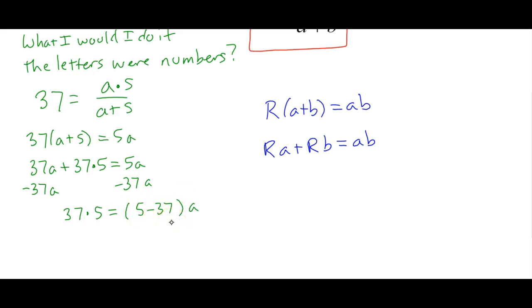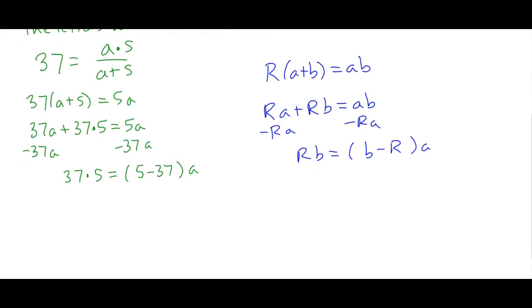Don't work out what that is. You would do the same thing over here. You would subtract RA on both sides, and you would have RB equals B minus R times A. There, you can't do the arithmetic. So with the numbers, don't do the arithmetic. It'll be a better guide for what to do with the letters.